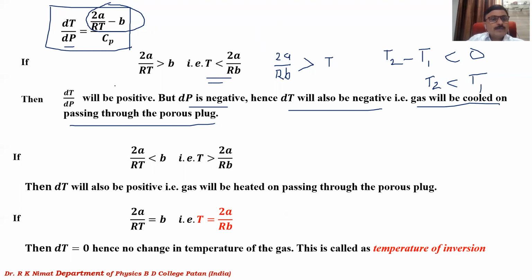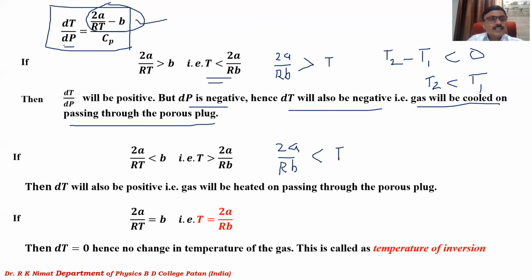Suppose 2a divided by RT is less than B, means this T is greater than 2a divided by RB. That means 2a divided by RB is less than T. Means this numerator term 2a divided by RT minus B will be negative. But dP is negative.